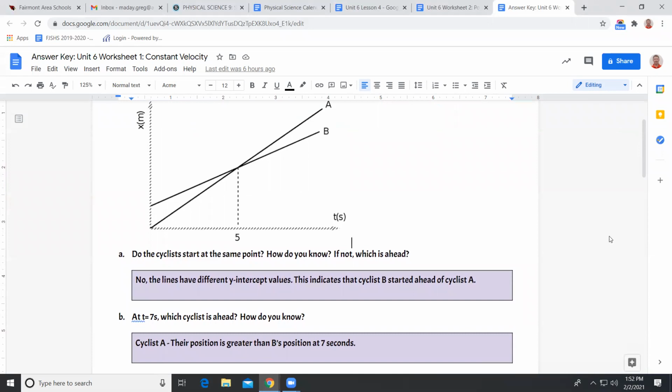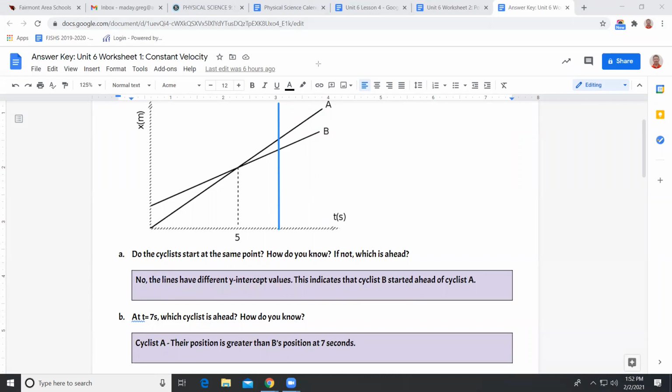Okay, then looking at B, here it says, at t equals 7 seconds, which cyclist is ahead, and how do you know? We can see we don't actually have a specific point for 7 seconds. We're starting at 0 seconds and moving on, so you can just do a rough estimate. We'll say the blue line here would be 7 seconds. The question says which cyclist is ahead.